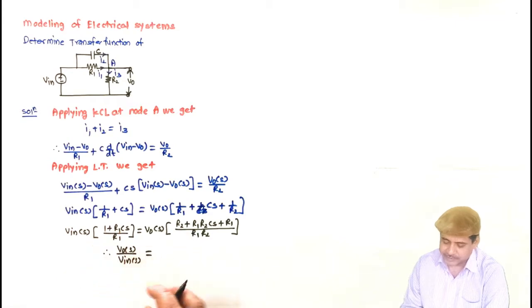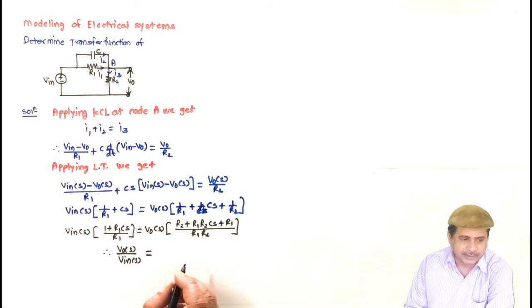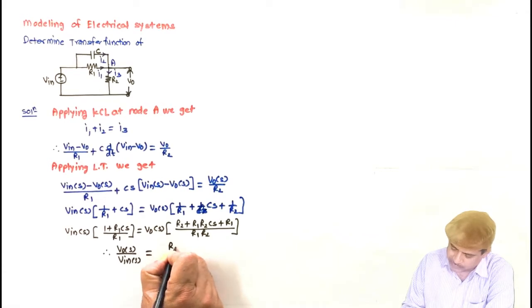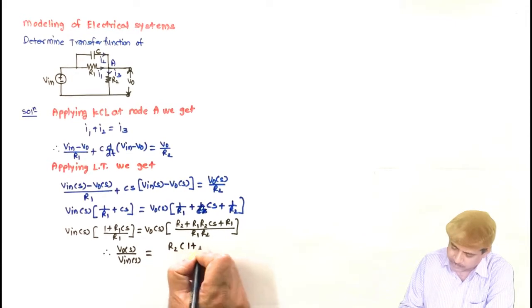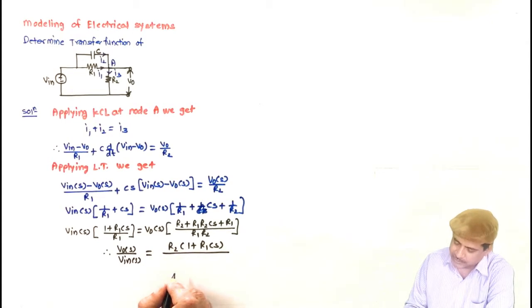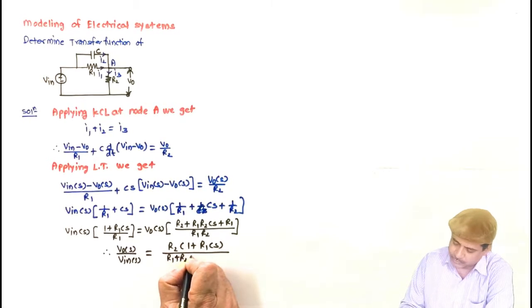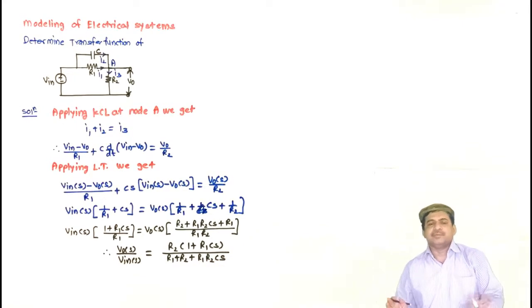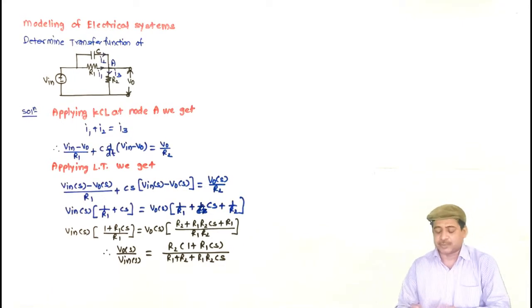This R1 gets cancelled, and it will be R2 into 1 plus R1 CS divided by R1 plus R2 plus R1 R2 CS. Very simple. Done. This is the transfer function.